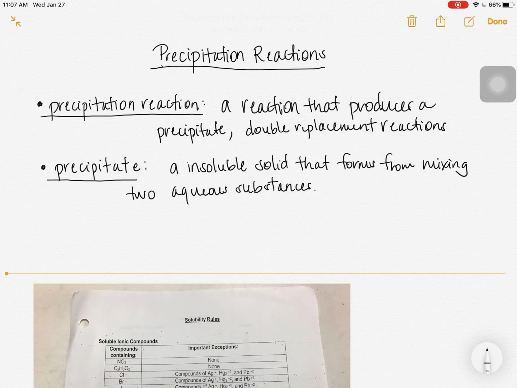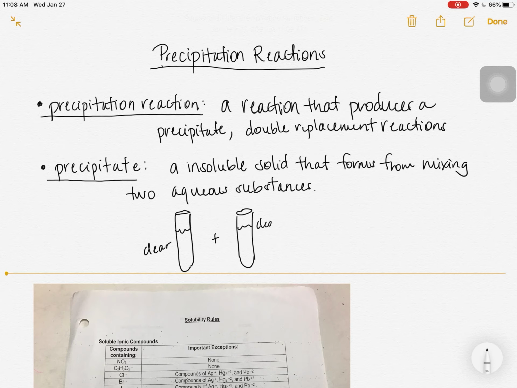So I demoed a precipitate for you in class, and I did a couple. One of them, though, that's a fairly common precipitation reaction to look at, is where you have a clear solution in a test tube, so it looks just like water. And then you add a second clear solution in a test tube.